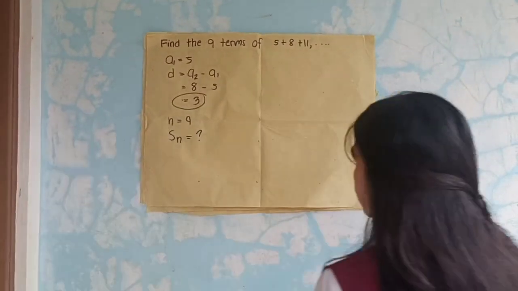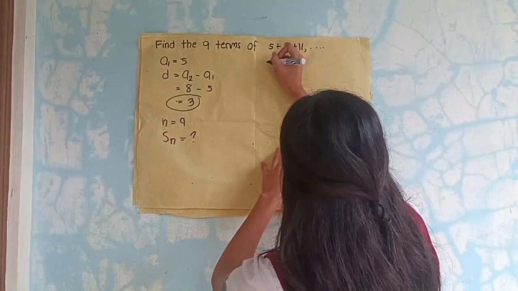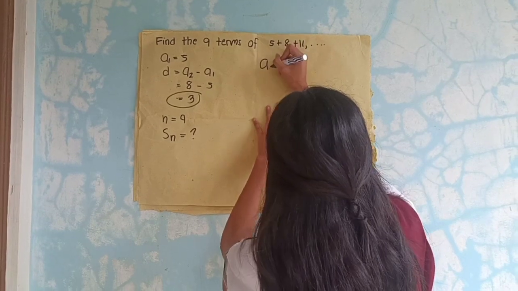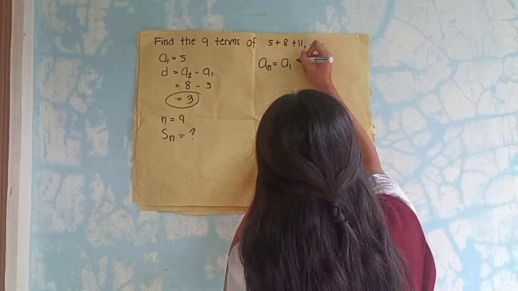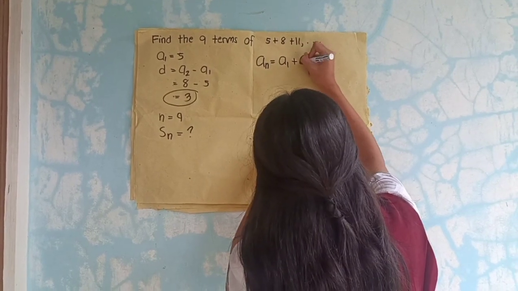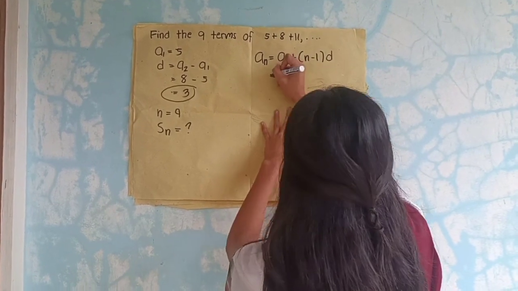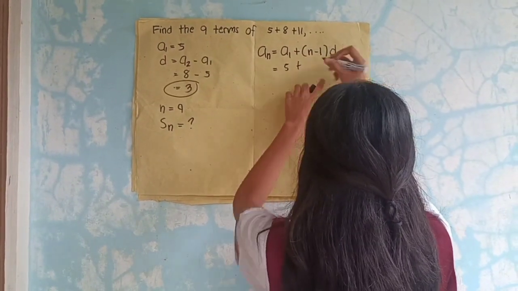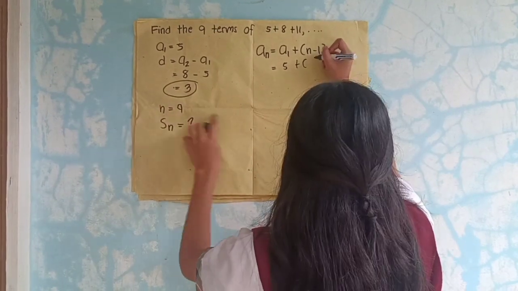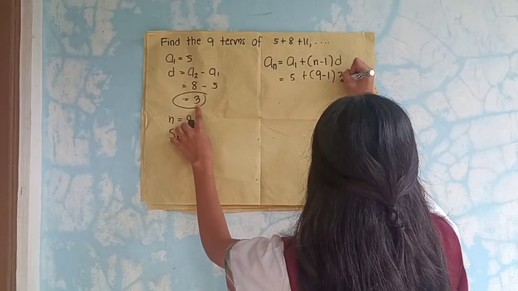So let us solve the a sub n. This is our general form: a sub n is equal to a sub 1 plus n minus 1 times d. Our a sub 1 is 5, plus our nth term is 9 minus 1, times 3, our common difference.